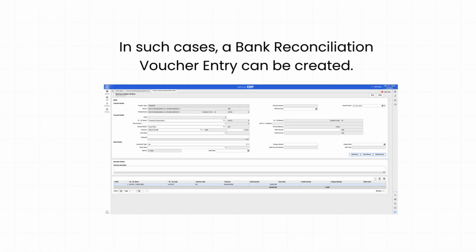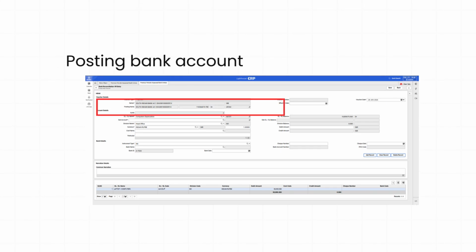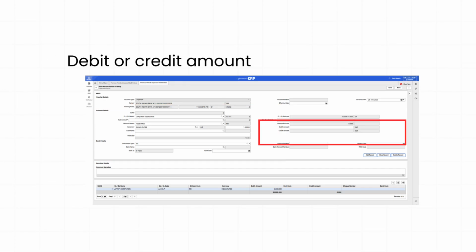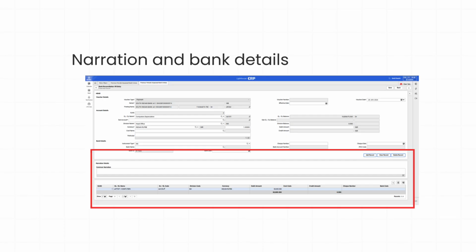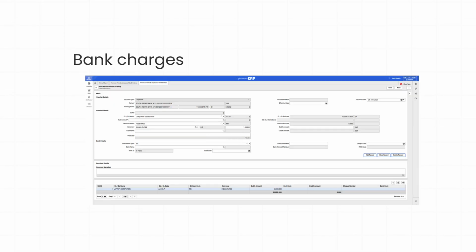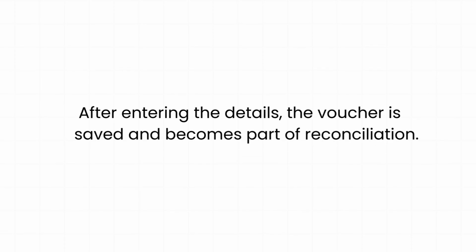On the screen, we can see voucher type and series, posting bank account, ledger details, debit or credit amount, narration and bank details. These entries are generally used for adjustments such as bank charges, interest entries, and direct credits or debits by the bank. After entering the details, the voucher is saved and becomes part of reconciliation.